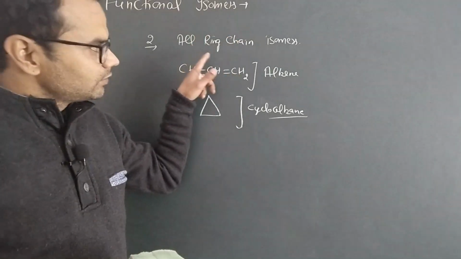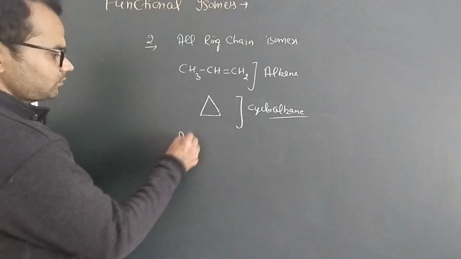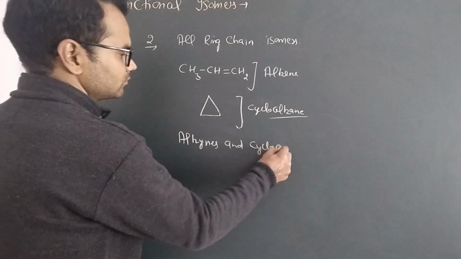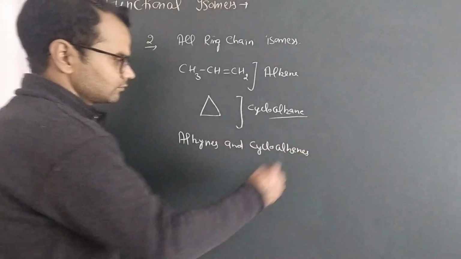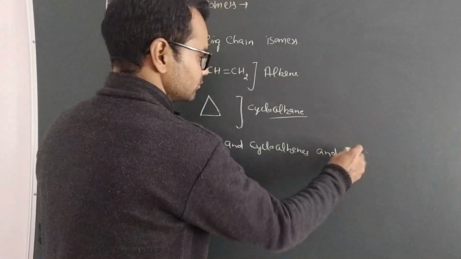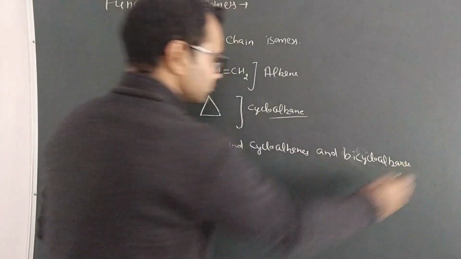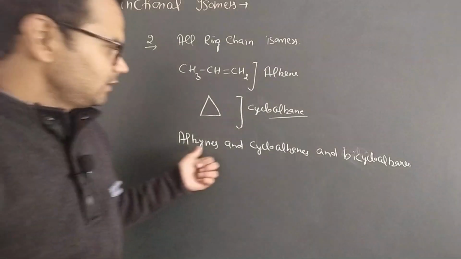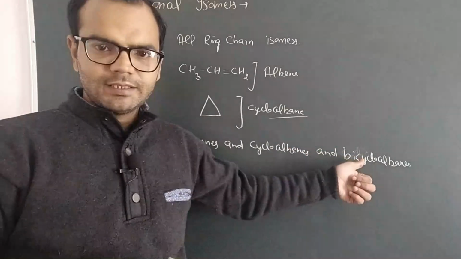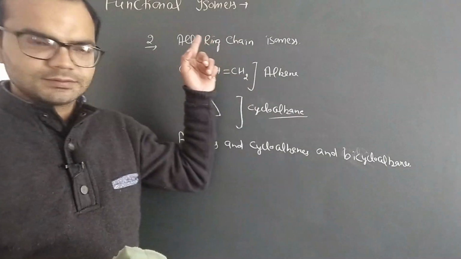Even we can use alkyne and cycloalkene. Alkenes, alkynes, cycloalkenes and bicycloalkenes will represent functional isomers, right?